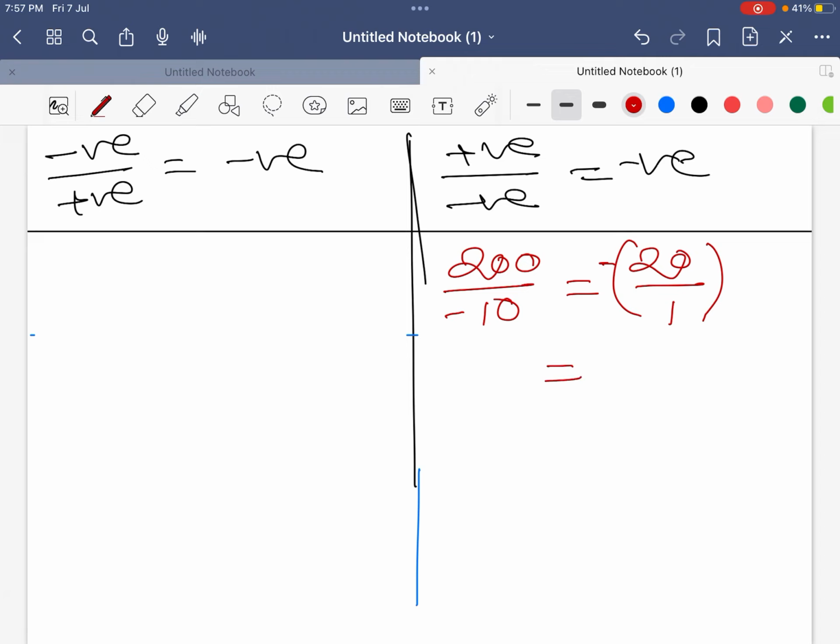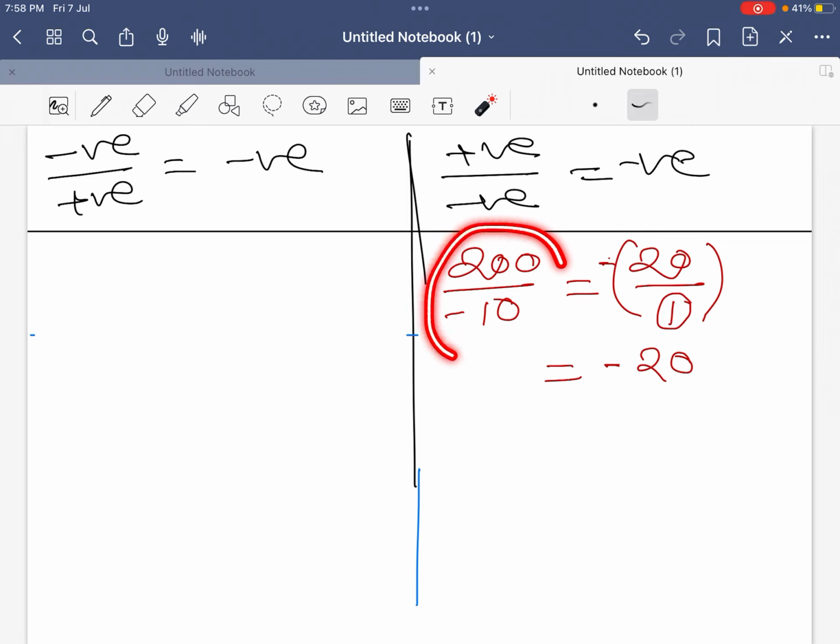Instead of 20 upon 1, because at the denominator we always assume 1 is there, we are writing only 20. So this minus sign remains as it is. So your answer is 200 upon minus 10 is equal to minus 20.